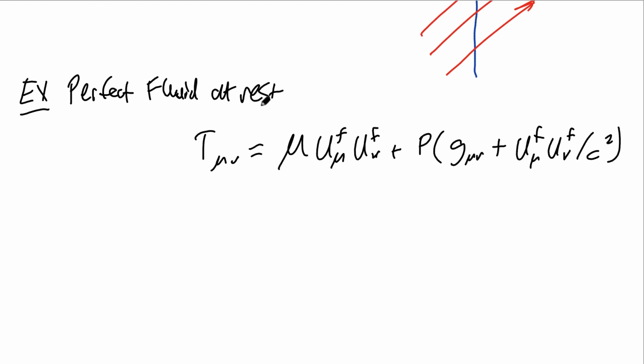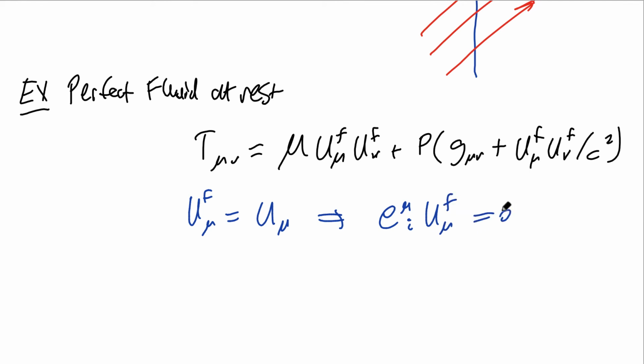Now, because the fluid is at rest, the forward velocity of the fluid matches the forward velocity of the observer. And that tells us then that the spatial basis vectors of the observer are orthogonal to the forward velocity of the fluid.